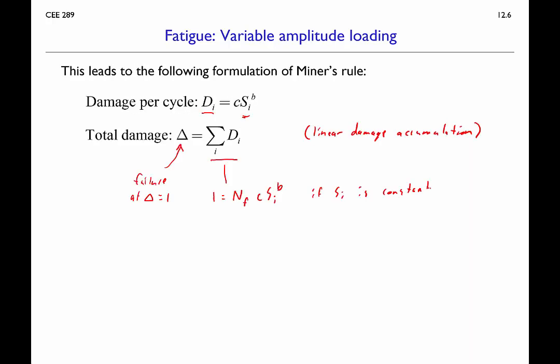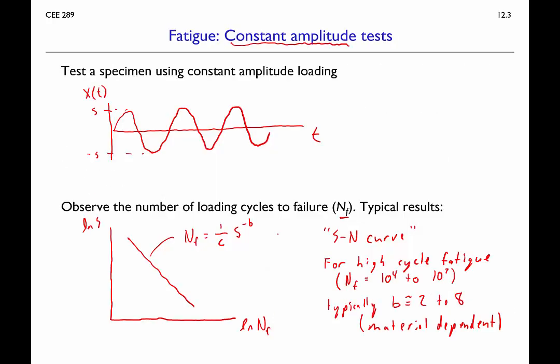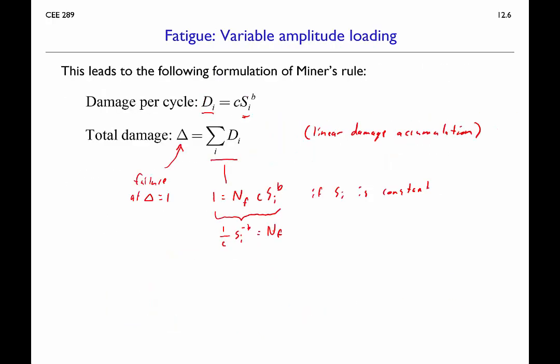I'm taking this equation from a rearrangement of 3 slides back, where we said 1 over C S_i to the power minus B is equal to N_f. If I back up to slide 12.3, that was our equation for the S-N curve. So we can get that by just dividing both sides in this mid-page equation by C S_i to the B. So that's the constant stress loading condition.